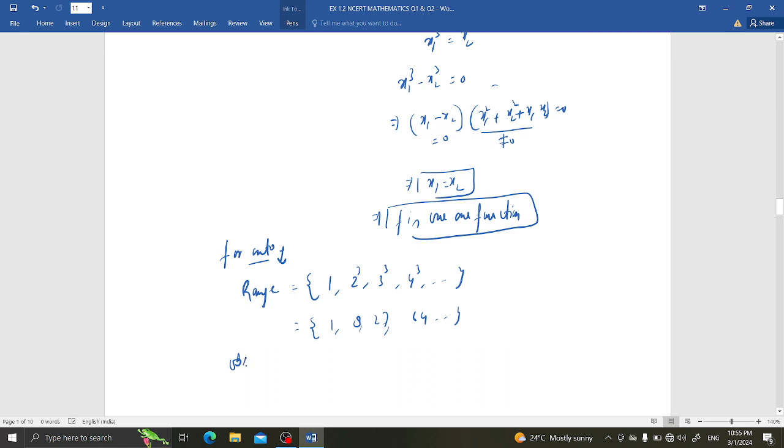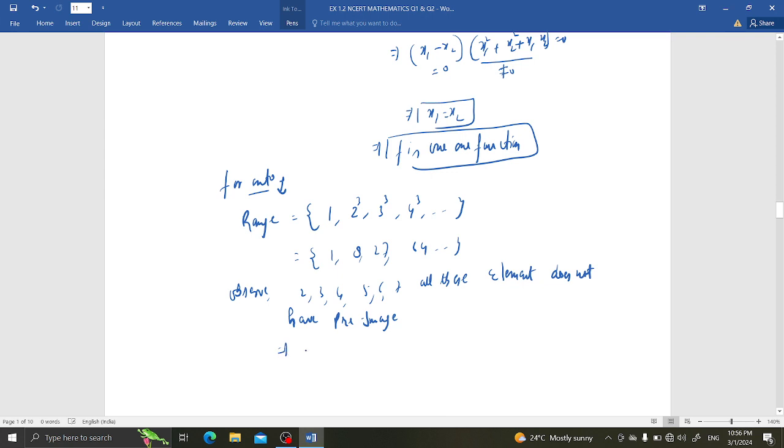Observe, many more numbers actually, 2, 3, 4, 5, 6, 7. All these elements do not have a preimage.